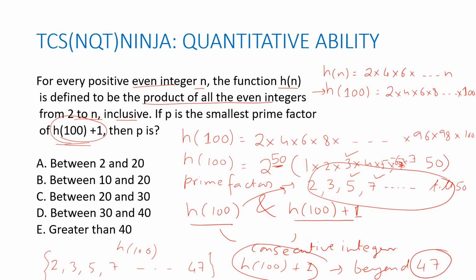They have to be more than 47, since 2 to 47 are all prime factors of H100. So what is the answer I'm going to mark? It has to be greater than 40. Whatever the smallest prime factor is, we cannot pinpoint it, but it has to be beyond 47, and thereby we'll mark the answer as E, that is greater than 40.